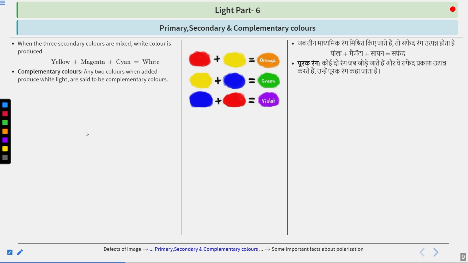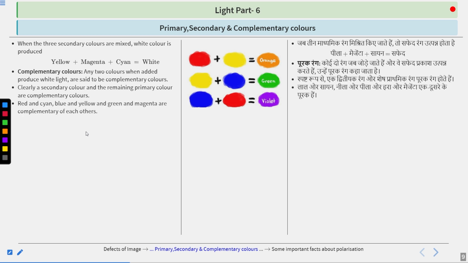Now, what are the complementary colors? Any two colors which when added produce white light are said to be complementary colors. Clearly, a secondary color and the remaining primary color are complementary colors, because whenever they are mixed, they always produce white light.